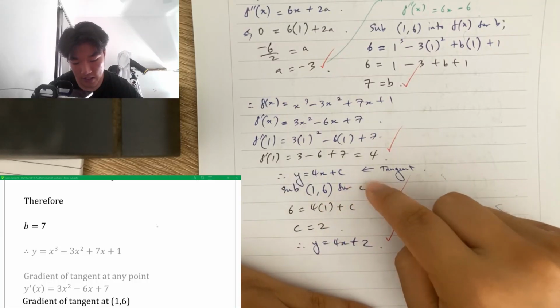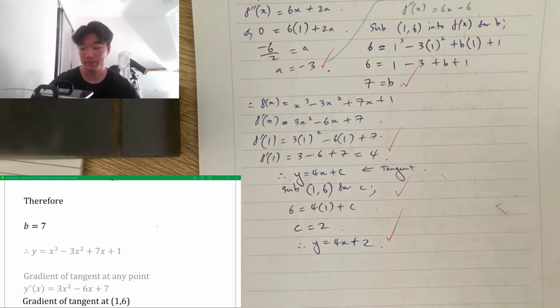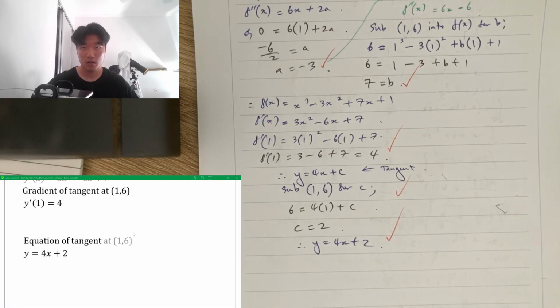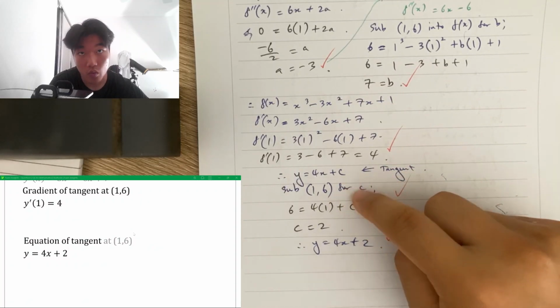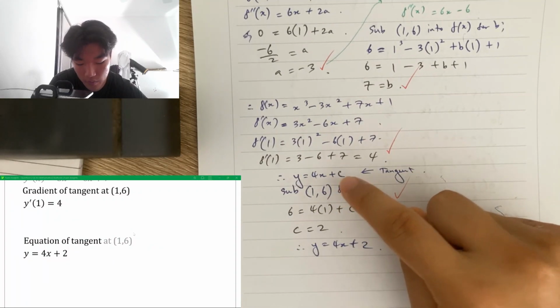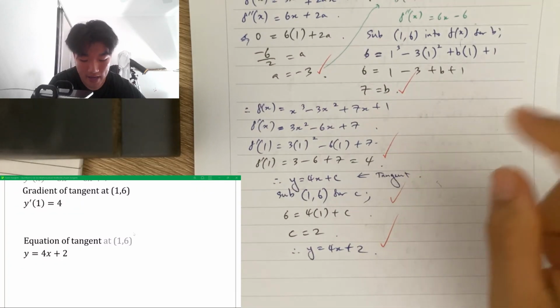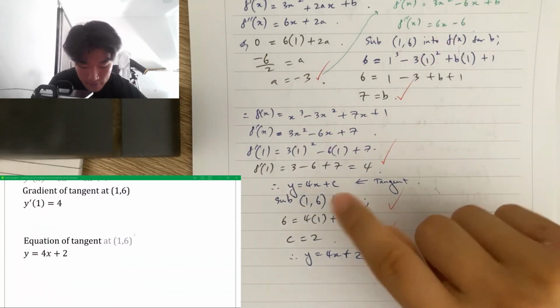We know that the tangent intersects the function at the inflection point, so we can sub in (1, 6) because it's a common point for both the tangent and the cubic function given in the question.